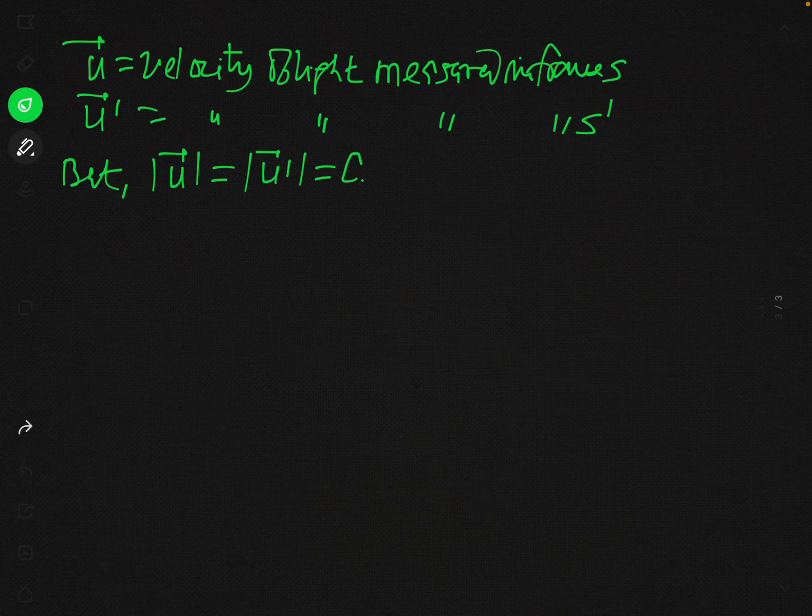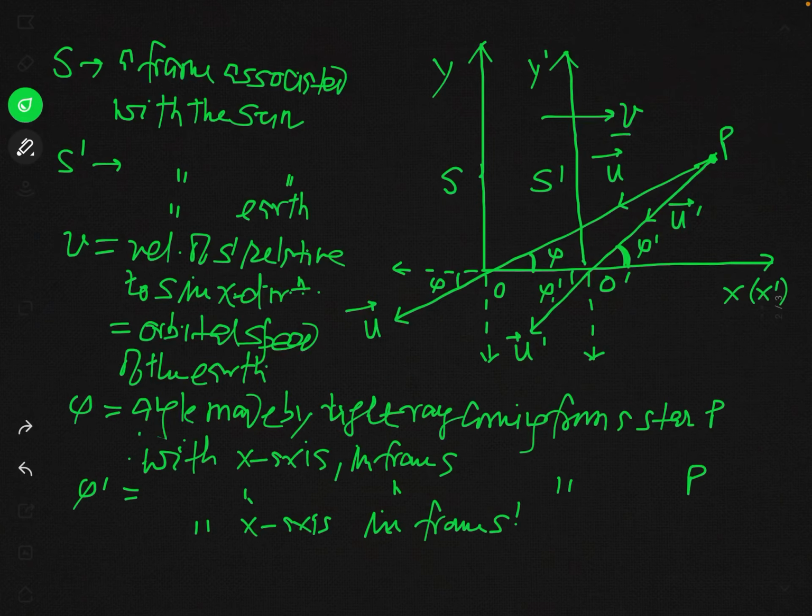In fact, you can see in this figure that these two velocities actually lie in the xy plane. It is clear from this figure that both of the velocities are in the third quadrant. You can see here that u is in the third quadrant and u prime is also in the third quadrant. So if we resolve these two velocities u and u prime into their x and y components, since they are in the third quadrant, both the x and y components will be negative.